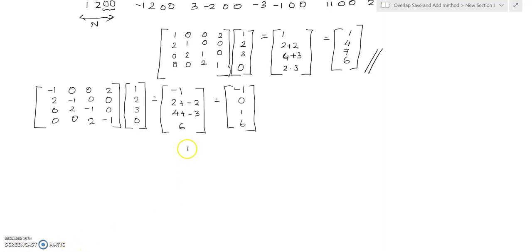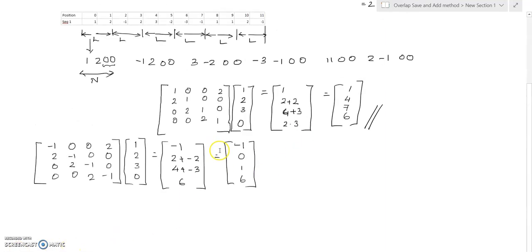Just like what we just did over here, what I did next is I performed the circular convolution between this sequence -1, 2, 0, 0 with the sequence 1, 2, 3, 0, and I get the result as -1, 0, 1, 6.